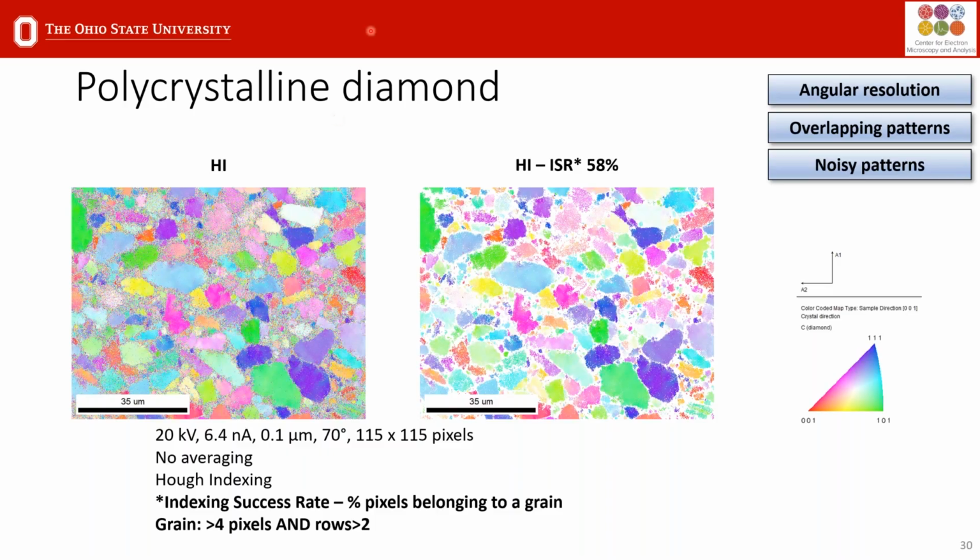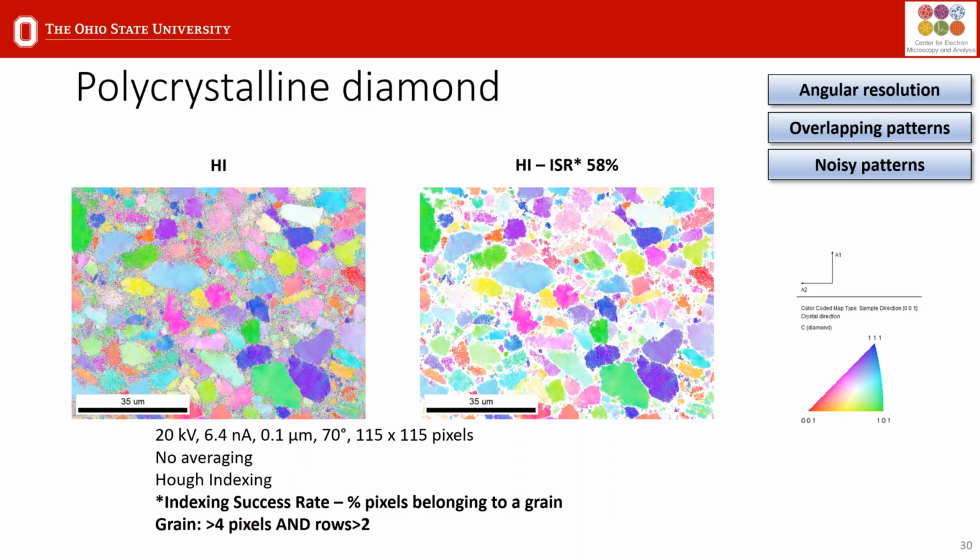Now, we define the indexing success rate as all those pixels belonging to at least a grain that has a 5-degree misorientation, at least 4 pixels in size, and at least over 2 rows. There are different ways of defining indexing success, but in this presentation we will use this definition.